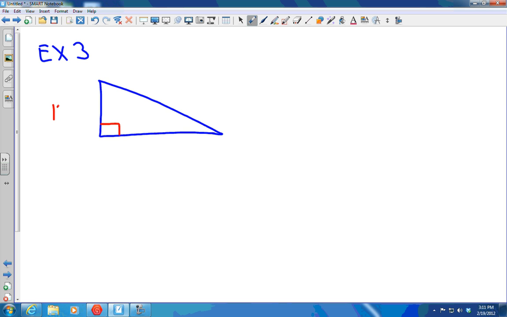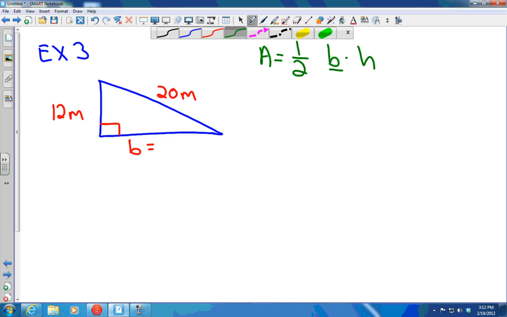One leg of that right triangle is 12 meters, and the hypotenuse is 20 meters. Let's say I don't know the base of the triangle. So let's remind ourselves of the formula for the area of a triangle. Area of a triangle equals 1/2 base times height. I need that base, and I don't have it, so let's find the base.